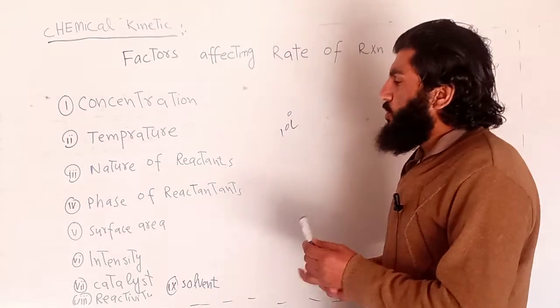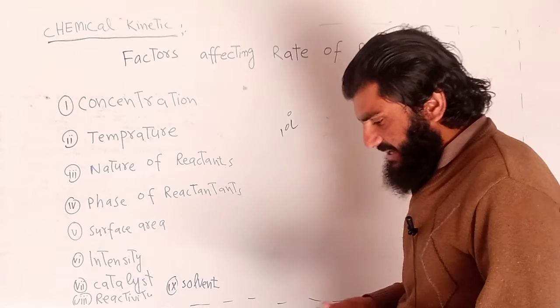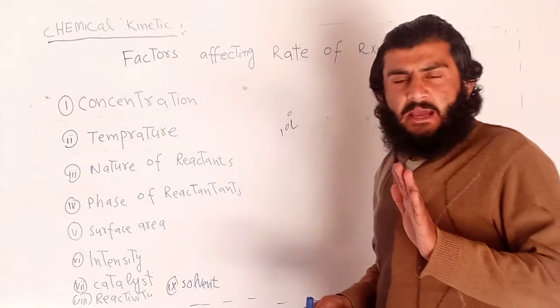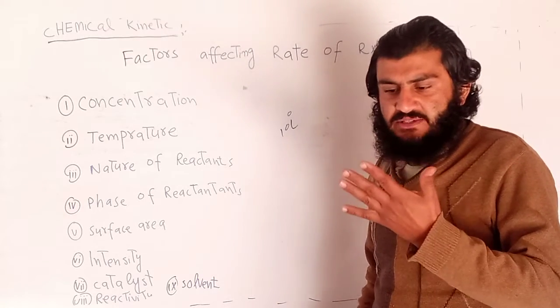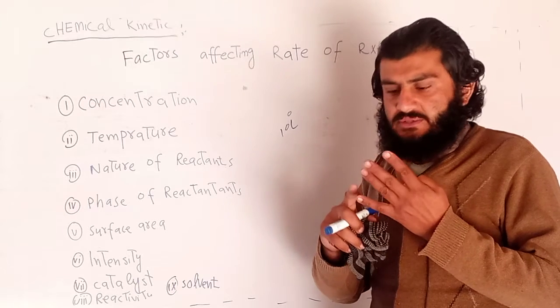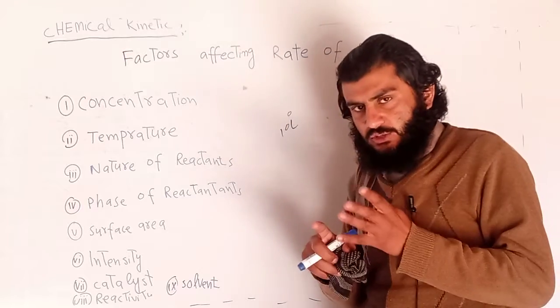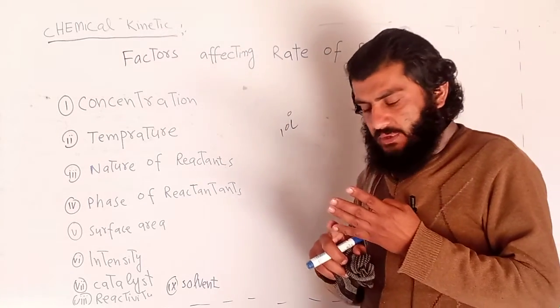Clear? So the next factor is the nature of reactants. There are 3 or 4 types of matter. Type 1 has covalent bonds in its structure as a whole. Clear?